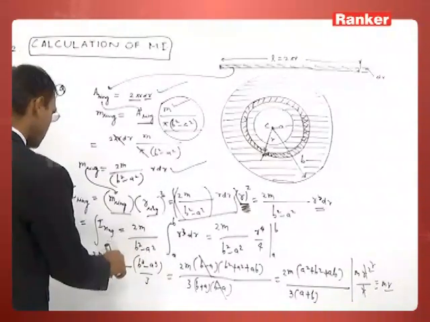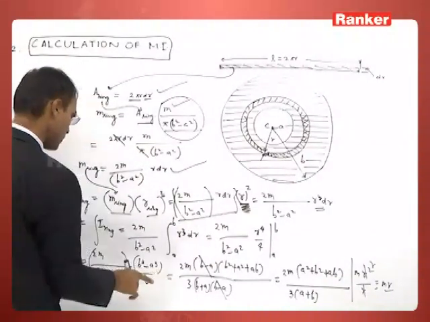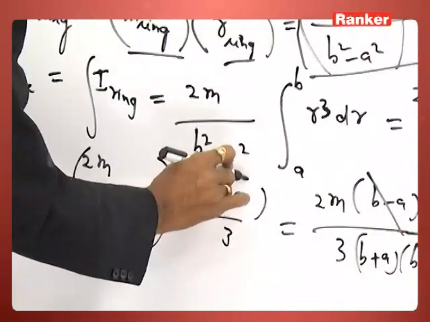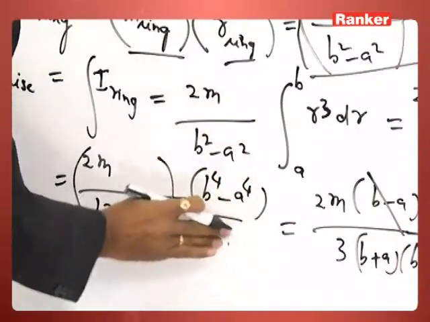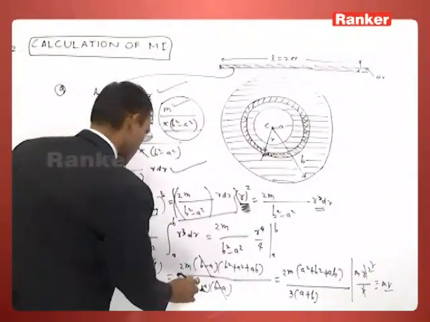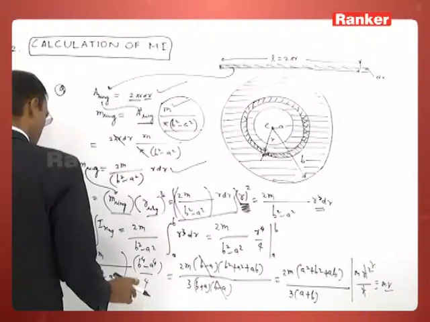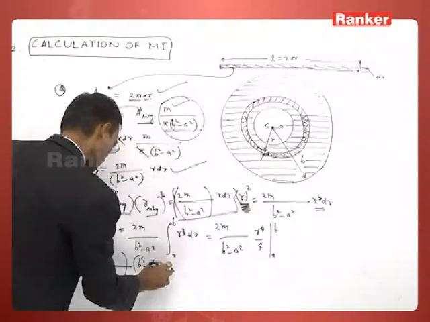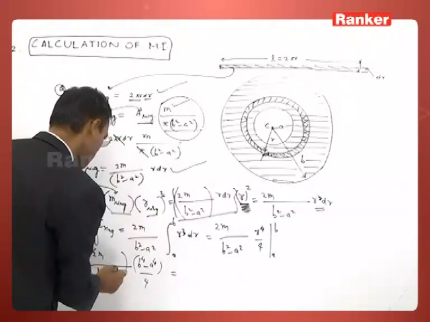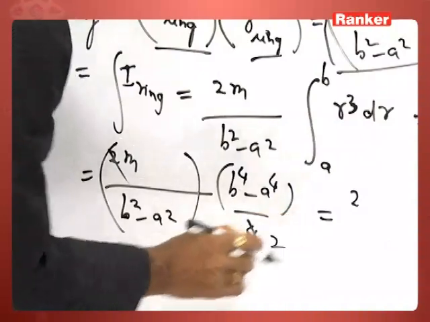So, 2m by b square minus a square, pull it out, and r4 by 4, you put the upper limit, that is b4, lower limit, that is a4, by 4. b square minus a square is in the denominator. b4 minus a4 is in the numerator, b square minus a square is in the denominator. So, that 2 will be getting cancelled.